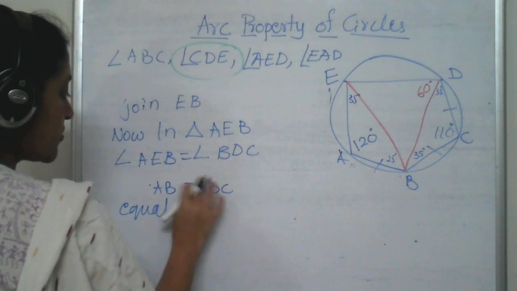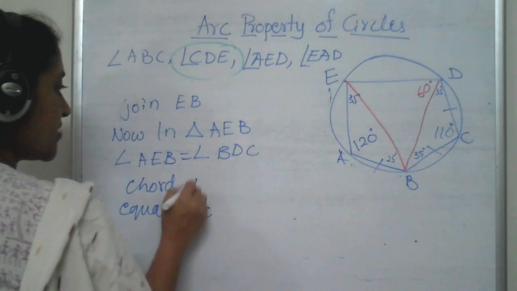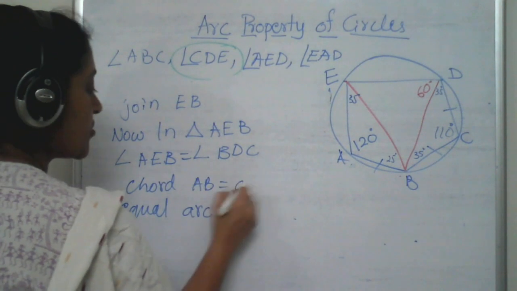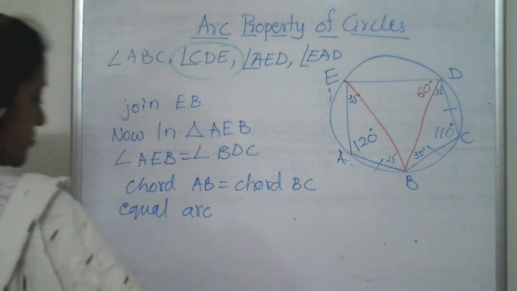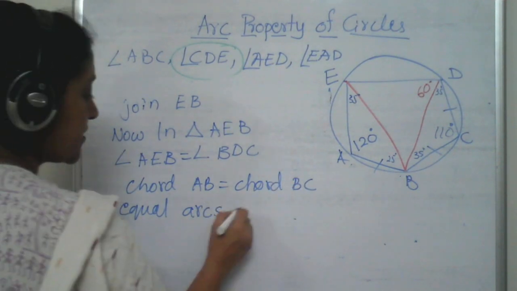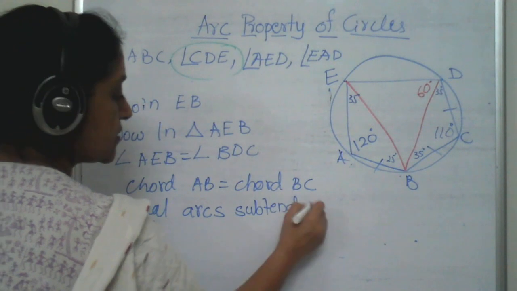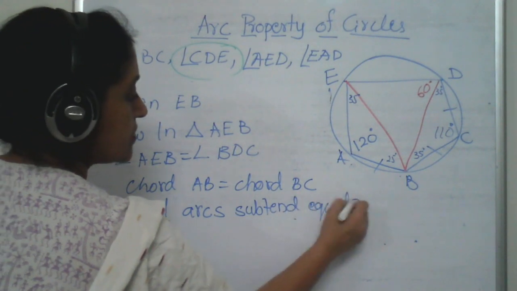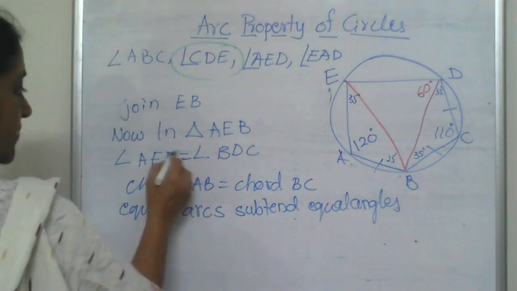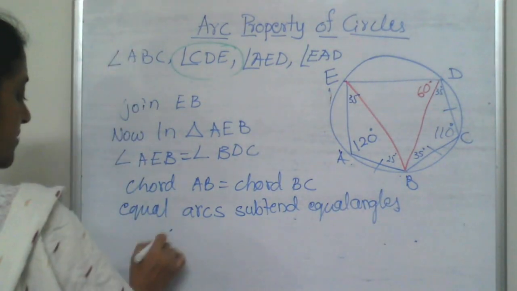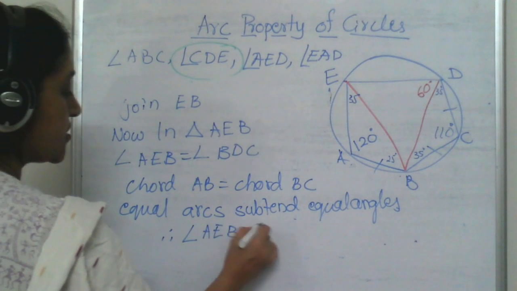But chord we don't have any symbol, so chord AB is equal to chord BC. You can write this also, equal arcs subtend equal angles. Okay, with this what will happen? Therefore angle AEB is equal to 35 degrees.